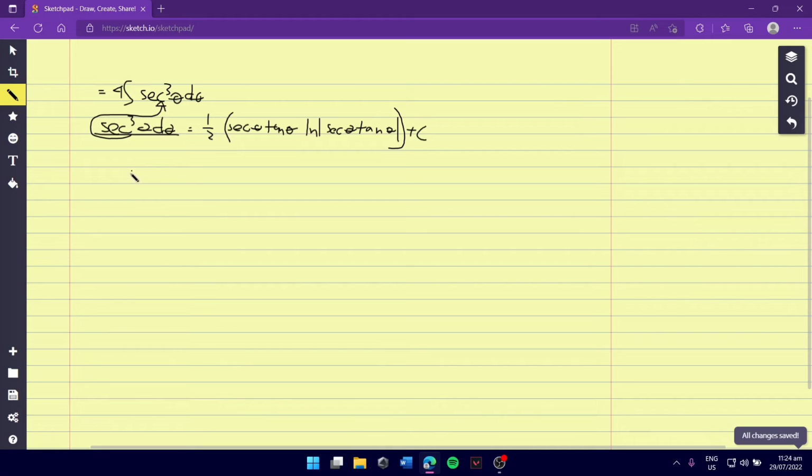So we will distribute that. So this will become 4, and then the integral of secant cube theta is 1/2. Copy secant theta, copy tangent theta, copy ln, and then the absolute value of secant theta plus tangent of theta, and then your arbitrary constant, which is c.